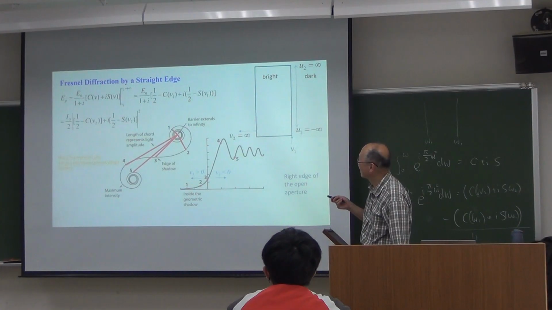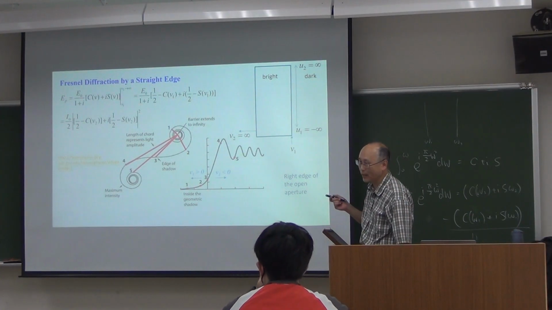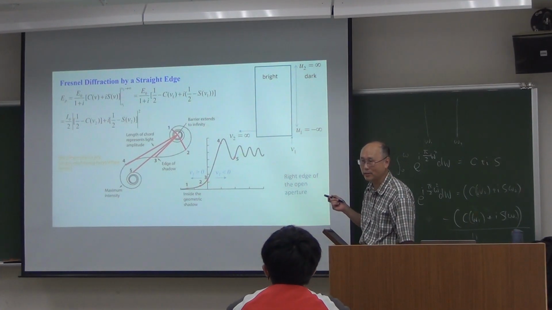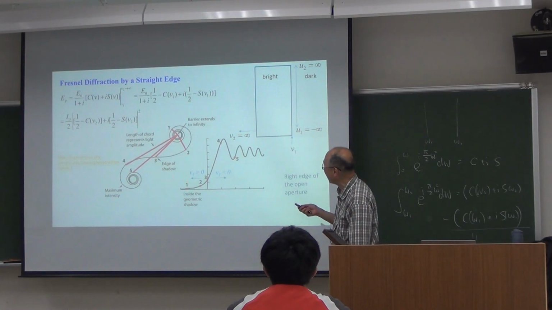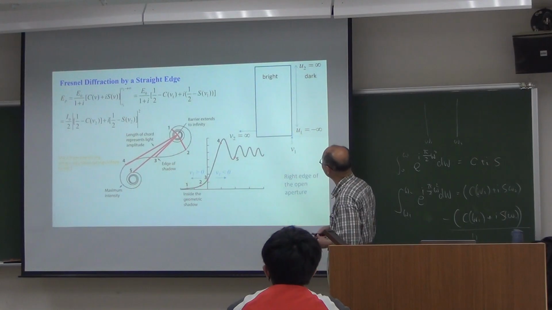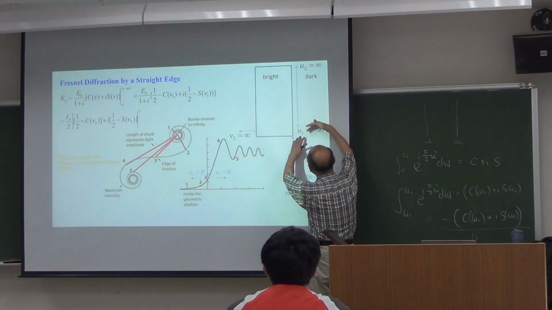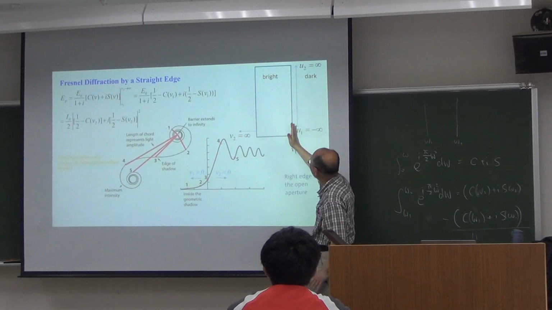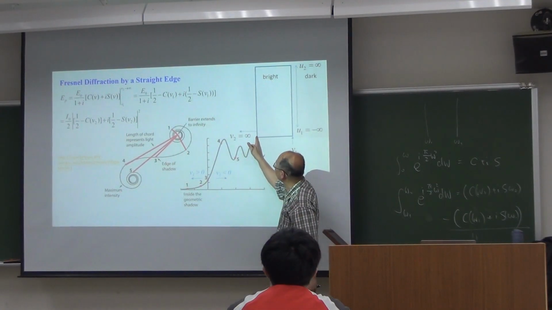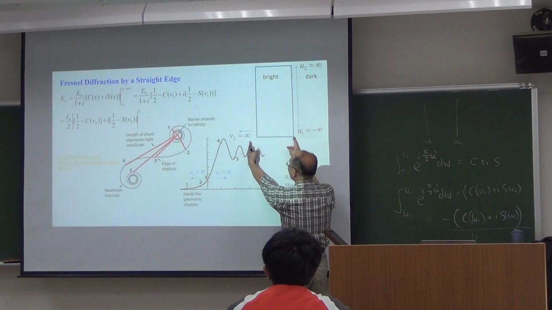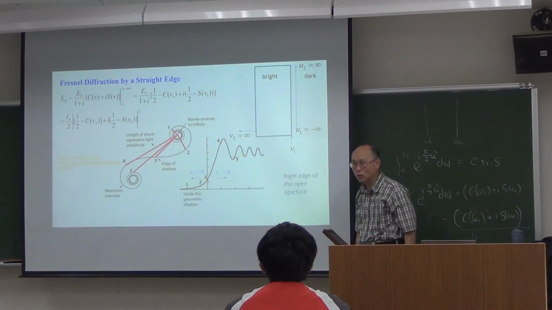Well, I just modified the handout to make it consistent with the description in your textbook. So now we define a knife edge. This is the dark side. You have a knife edge right here, and on the left, this is extended to infinity. This is the open aperture.